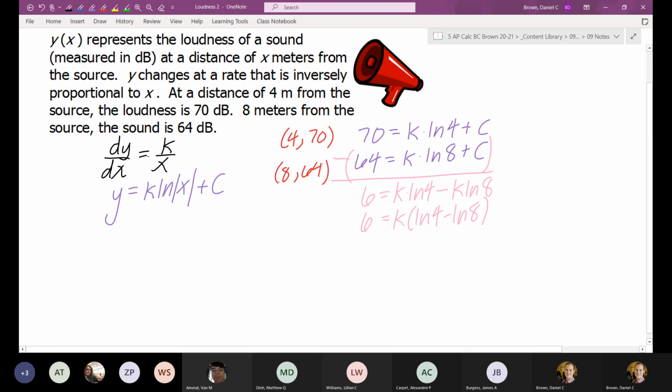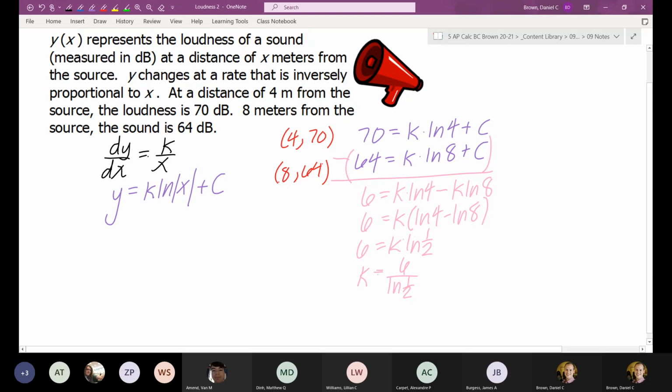Maybe to combine it a little bit, what's the same thing as saying the natural log of 4 minus the natural log of 8? Natural log of 1/2, 4 over 8. Could be real fancy and say the natural log of 1/2 is the same thing as negative natural log of 2, but we'll leave it as the natural log of 1/2 for now. Solving for k, I'm sure you're okay with that too. K is equal to 6 over the natural log of 1/2.